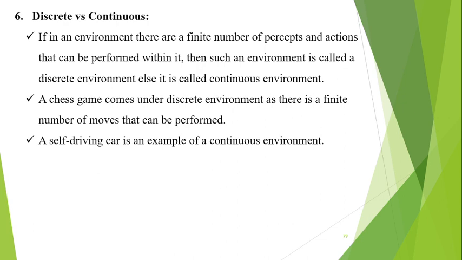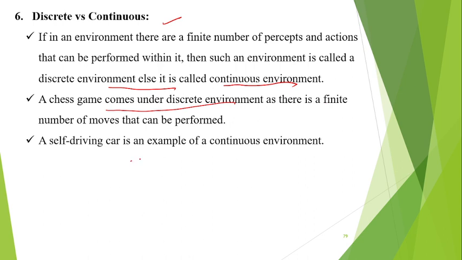Then the sixth point is discrete and continuous. If there are a finite number of percepts and actions that can be performed within an environment, such an environment is called discrete, otherwise it is called continuous. The chess game comes under a discrete environment. Why? Because we have to perform a number of states to get to the goal state.